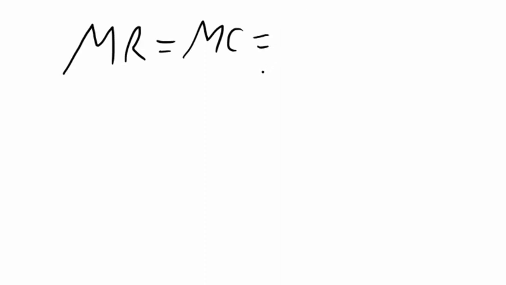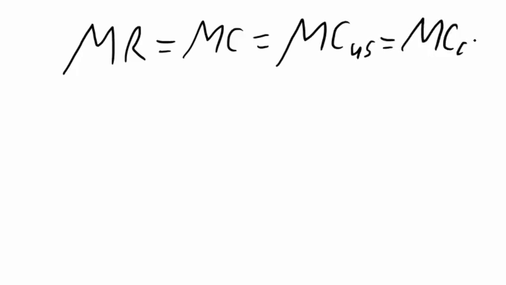Now recall that we had the profit maximization rule of marginal revenue equals marginal cost, and we used the relationship to also find out that marginal cost of the US factory equals marginal cost of the China factory. So by using this, we can find the quantity of each factory.